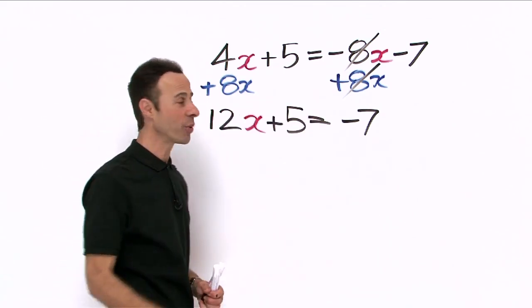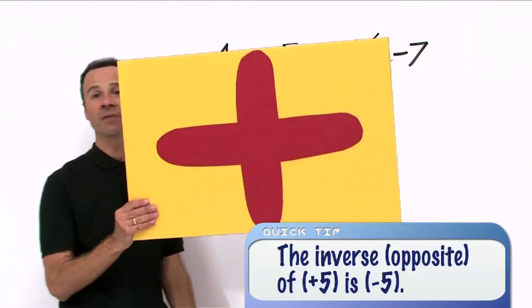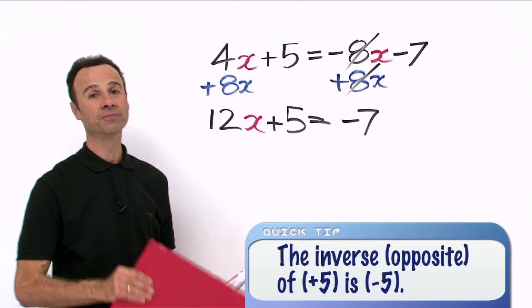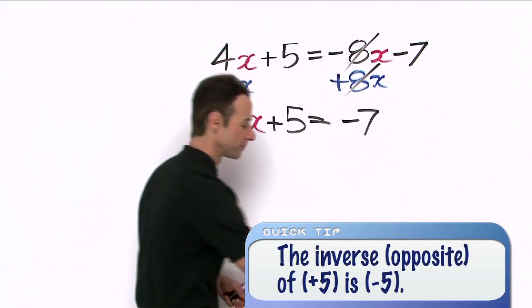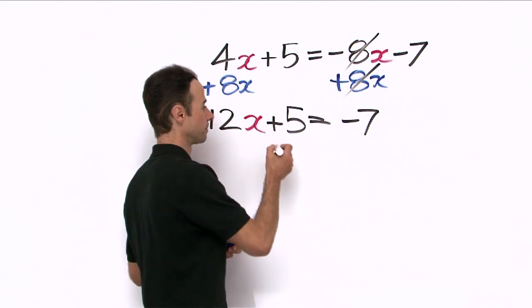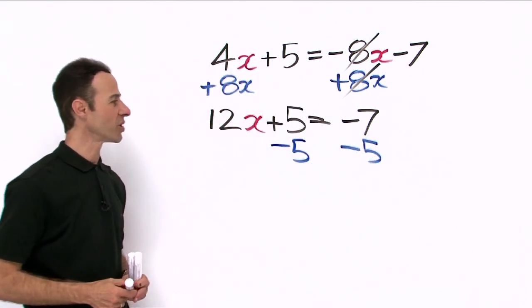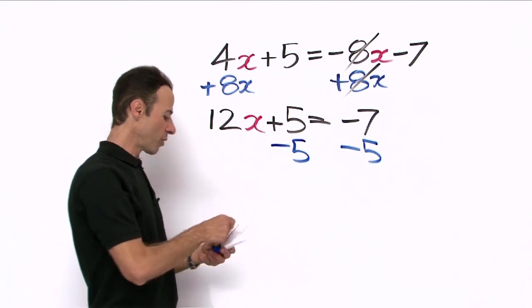So let's have a look at what we have here. We have a plus 5. So with a plus 5, the opposite is minus. You already know this. So let's do that now. Take away 5 from both sides. So we are left with a 12x.